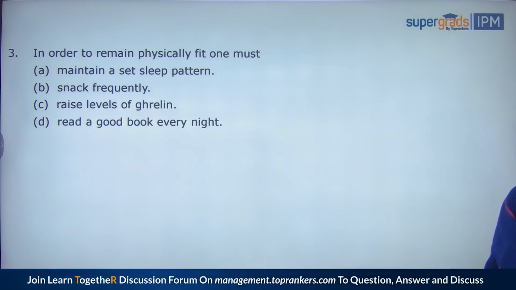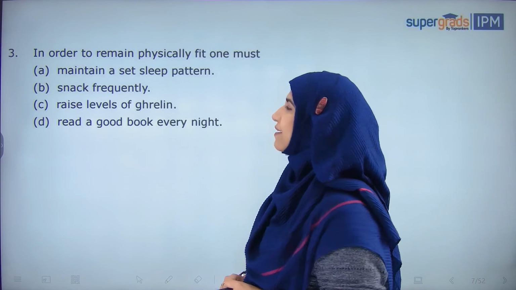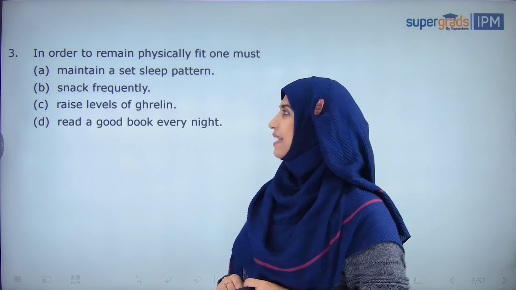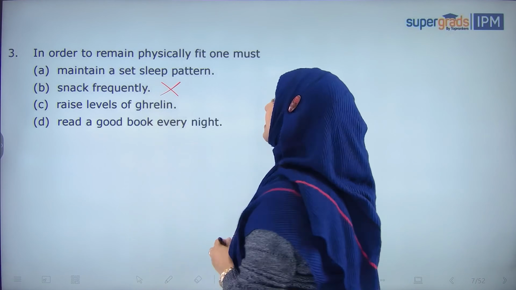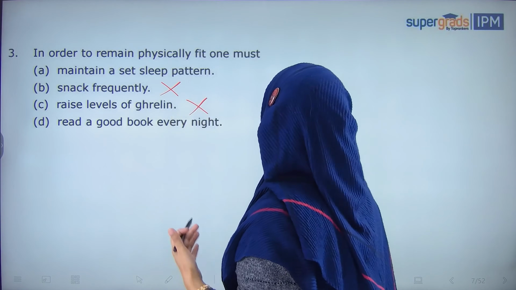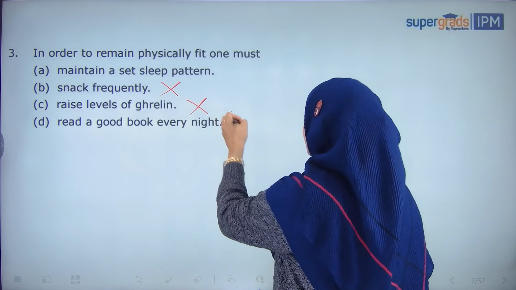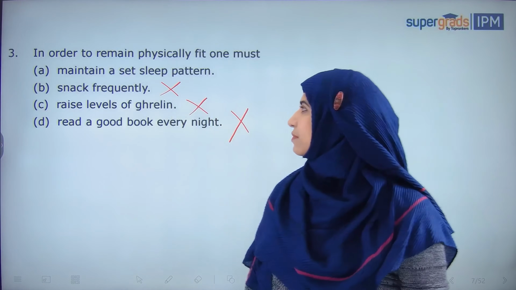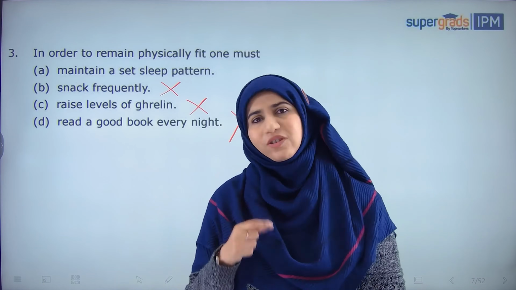In order to remain physically fit, one must maintain a set sleep pattern, snack frequently, of course not, raise levels of ghrelin, no, read a good book every night, no. Reading a good book every night was just a suggestion.